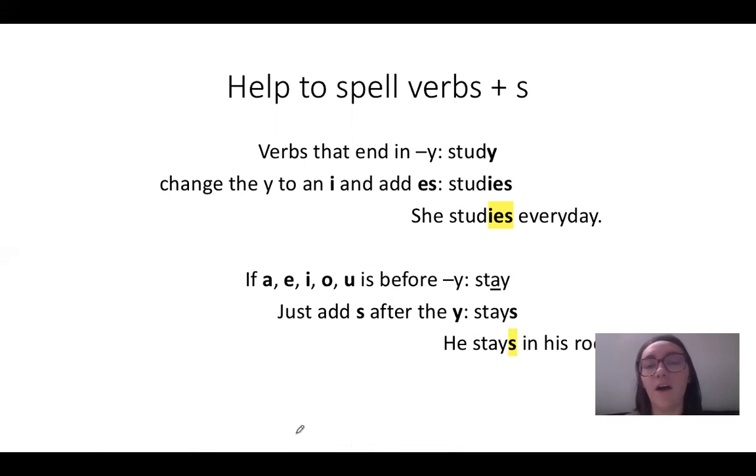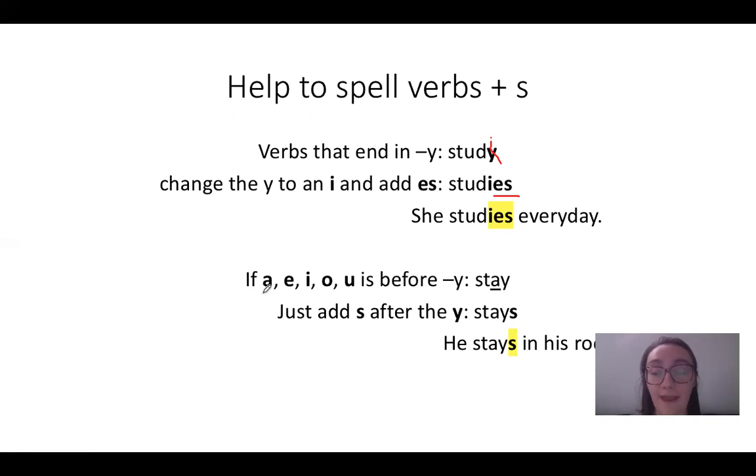So this helps to spell verbs that end in S. For verbs that end in Y, like study, I study English, you change the Y to an I. So instead of spelling study S-T-U-D-Y, you change it to an I, and then you add ES. So instead of saying she studies every day with a Y in it, it's an I. She studies every day. So that's if it ends in a Y.